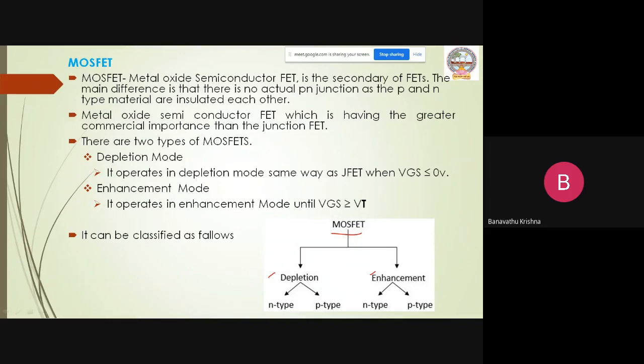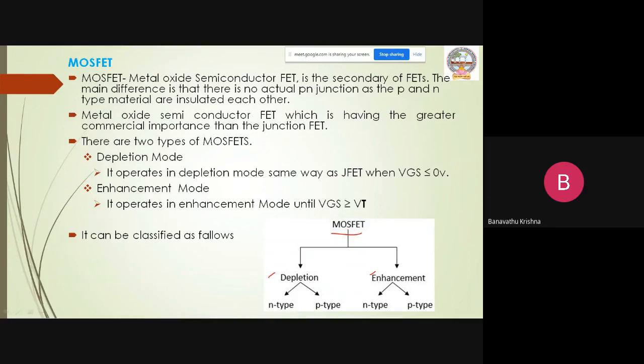Depletion mode means there is a channel in between source and drain at the gate junction. In this depletion mode device, we have to remove the channel, which is already established.